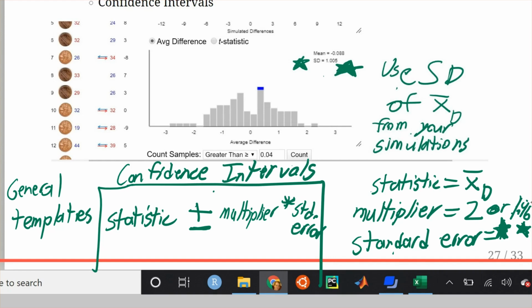And you can put the important pieces of information in. This is 1.96. I'll make that more clear. Okay, you put the statistic in at the beginning. You put your multiplier in as the second piece. Last piece of the puzzle is the standard error, and you get a lower bound and an upper bound.